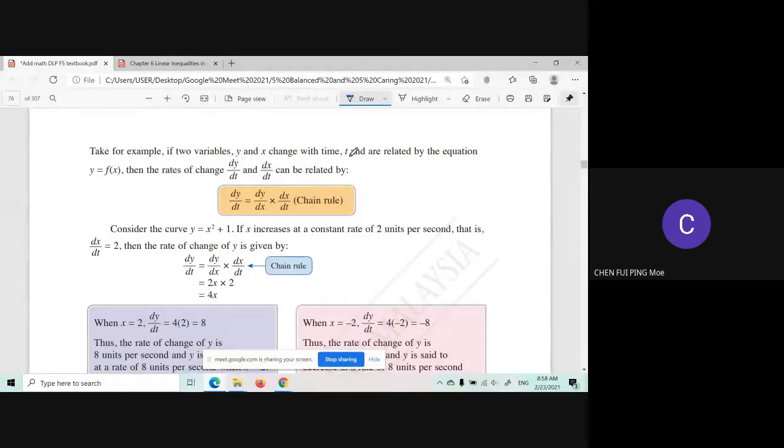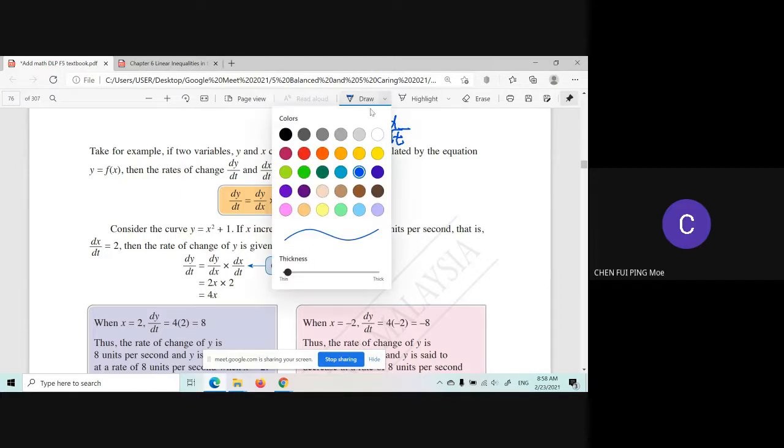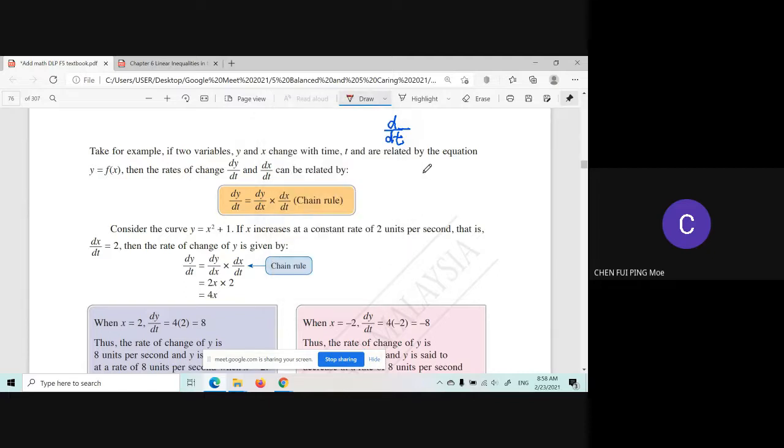So rate of change, I think you have learned it in physics. Rate means d over time, d over dt. We call it rate of change. So rate of change of what? It depends on what you want. For example, rate of change of Eddie's love towards Elvin.